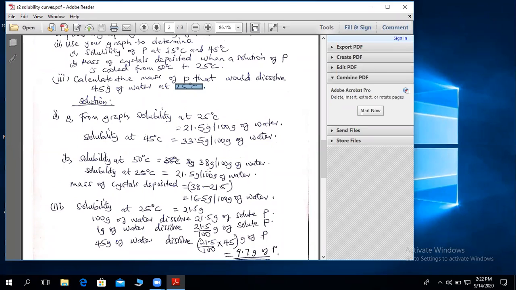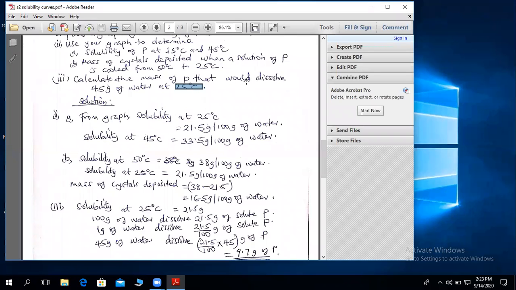So if the mass of solute in 100 grams of solvent is 21.5, then that means 100 grams of water, which is the solvent, dissolves 21.5 grams. Then for 1 gram, I divide by 100.